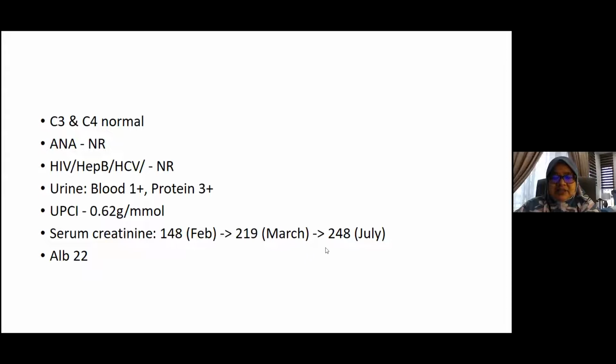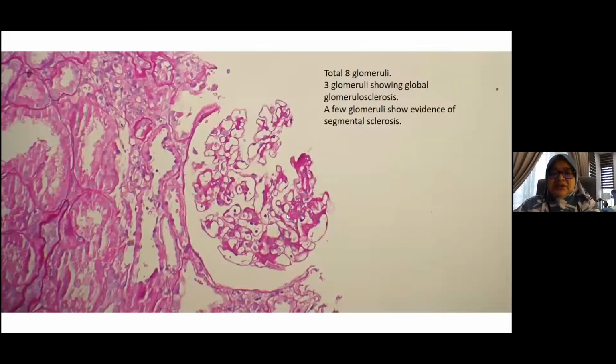And the creatinine seems to be declining in function. In total, there were 8 glomeruli, not much for this case, but from the 8, we can see that 3 glomeruli showed global sclerosis.